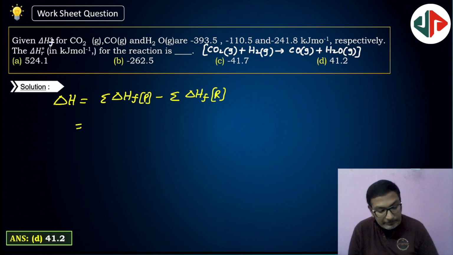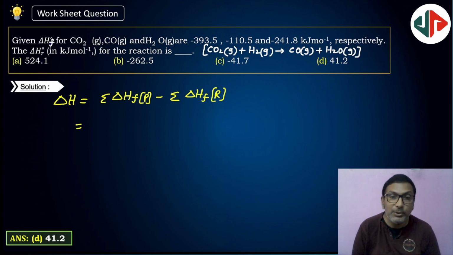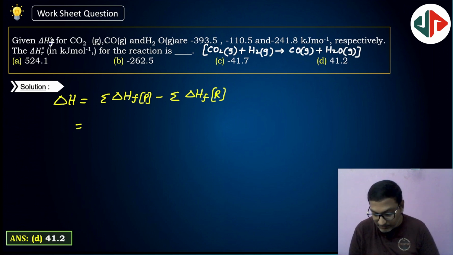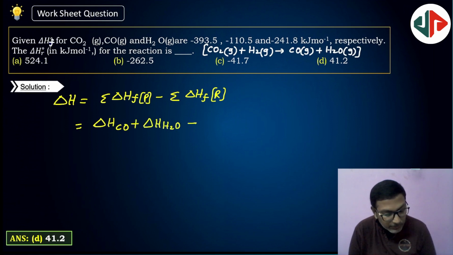Here CO2 and H2 are reactants, CO and H2O are products. So we can write delta H CO plus delta H H2O minus delta H CO2 plus delta H H2.